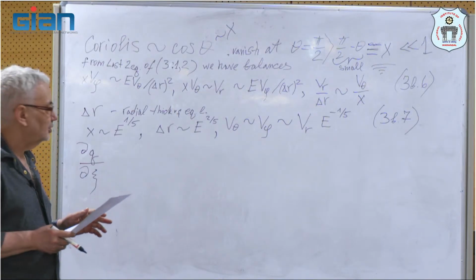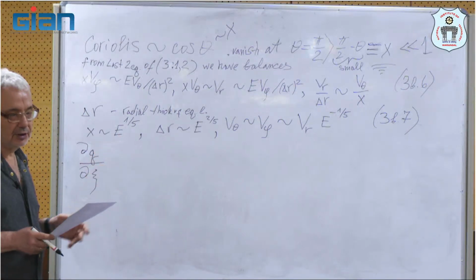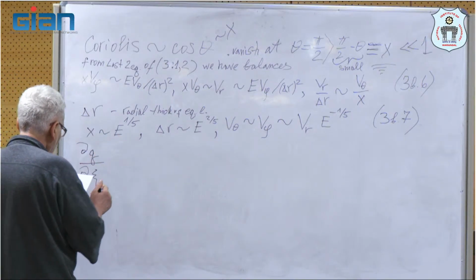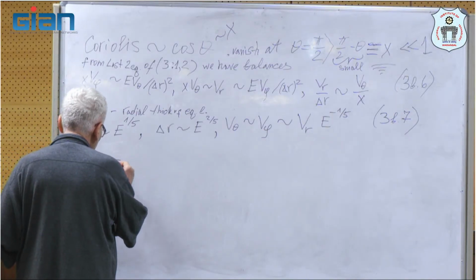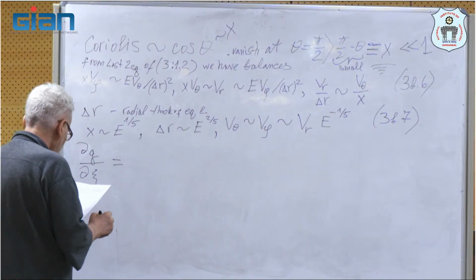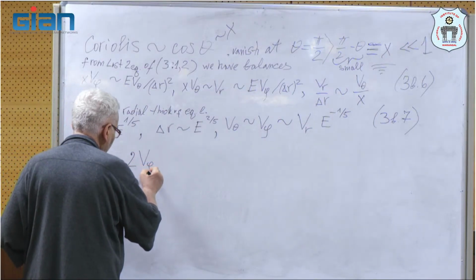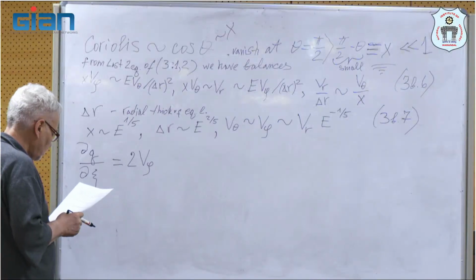It's rather different. It's working only near the equator here. So this stretched variable in the corresponding direction is related to the semi-Coriolis term V phi, the first equation.